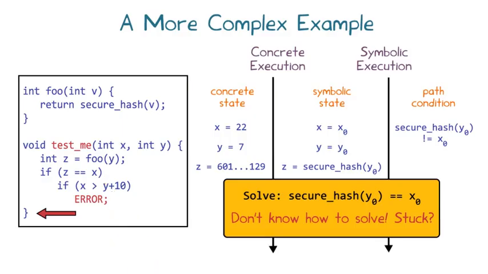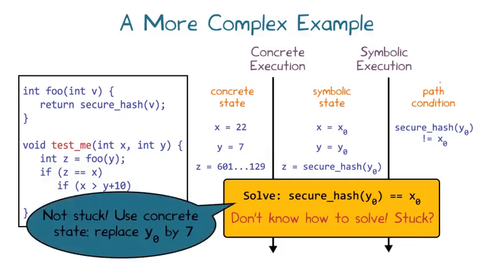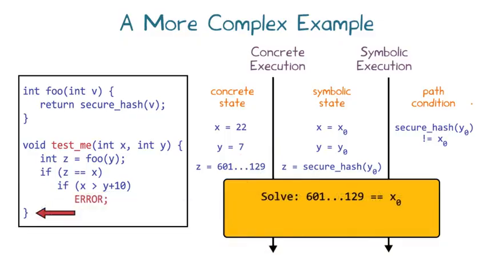Dynamic symbolic execution, by contrast, uses its concrete state to simplify the symbolic constraint. In this case, it would replace y0 in the symbolic constraint by 7, the concrete value of y in the program at that point. The constraint to be solved is then 601...129 equals x0, which is easy for our constraint solver to solve.